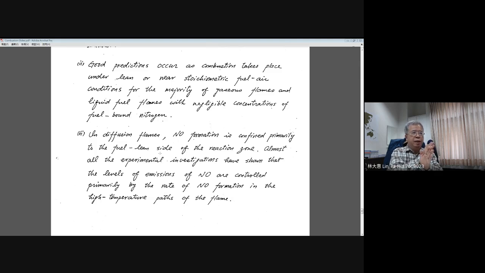But the lean side is actually a good region for NO formation, because the temperature is high and you have enough nitrogen and oxygen from the air.